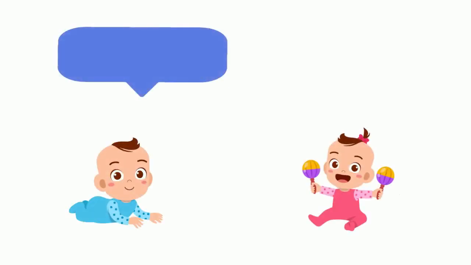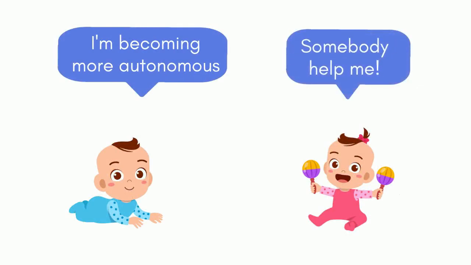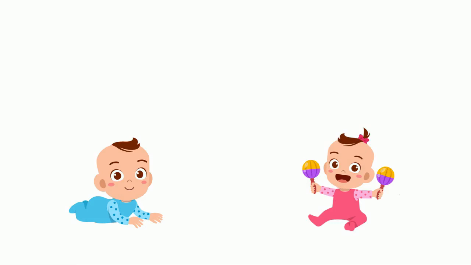But what is really happening here? One difference, I guess, is that over time, the first baby is more likely to become an autonomous, self-motivated learner. The second baby is more likely to become dependent on adults and less likely to be able to learn for herself.